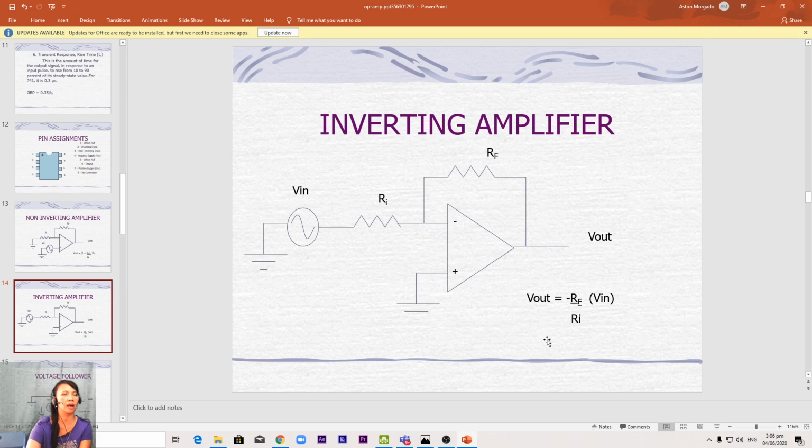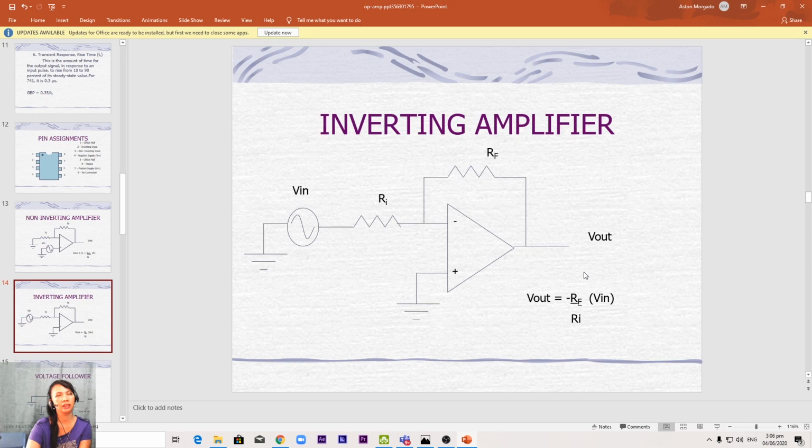So what do you think is the difference between non-inverting and inverting? Please tell me the answer. Message me through MS Teams chat. The difference between non-inverting and inverting amplifier. I have to get the answer until tomorrow.